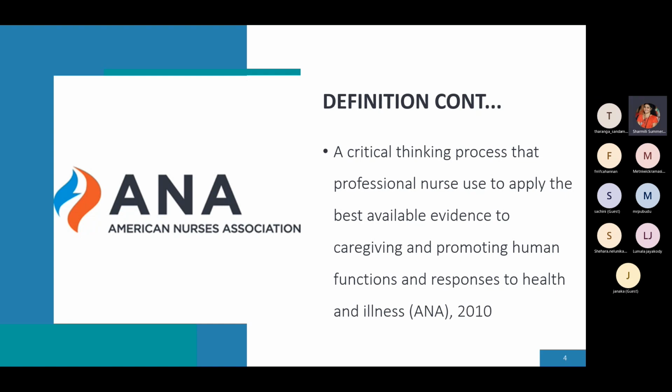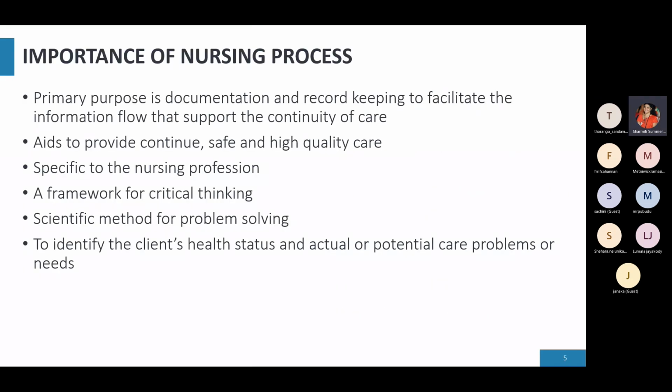No need to memorize this, but for your knowledge you need to know what the nursing care plan means and why it is important. In other words, we can call it the nursing process or nursing management, because it also has sequential steps, and we do each part step by step.